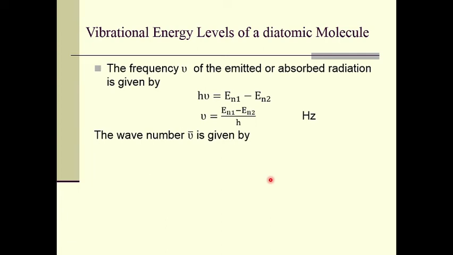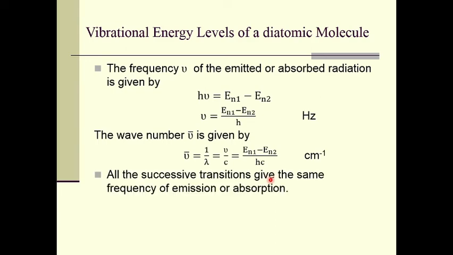So instead of frequencies, we get spectral lines at different wave numbers, and therefore we can convert that frequency into a wave number format. So we get nu bar is equal to 1 upon lambda. So lambda is the wavelength, which is equal to c upon nu, so nu bar is equal to En1 minus En2 upon hc, right? Which is in per centimeter, where c is the velocity of light, which is expressed in centimeter per second.